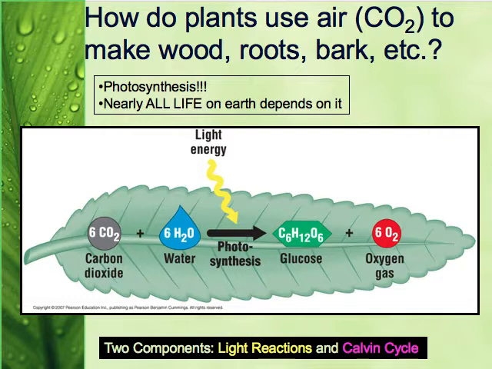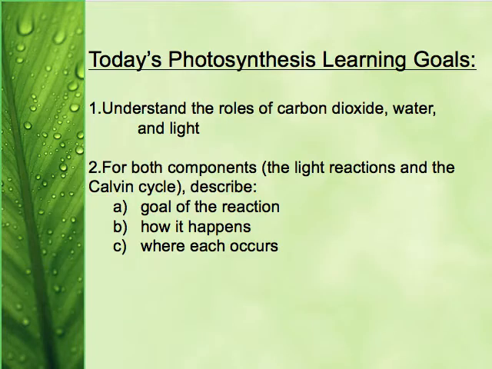That is to say, we are dependent upon these organisms that do photosynthesis. And photosynthesis is broken down into two components. We have the light reactions and the Calvin cycle. And we're going to get to the bottom of these over the course of this lecture.